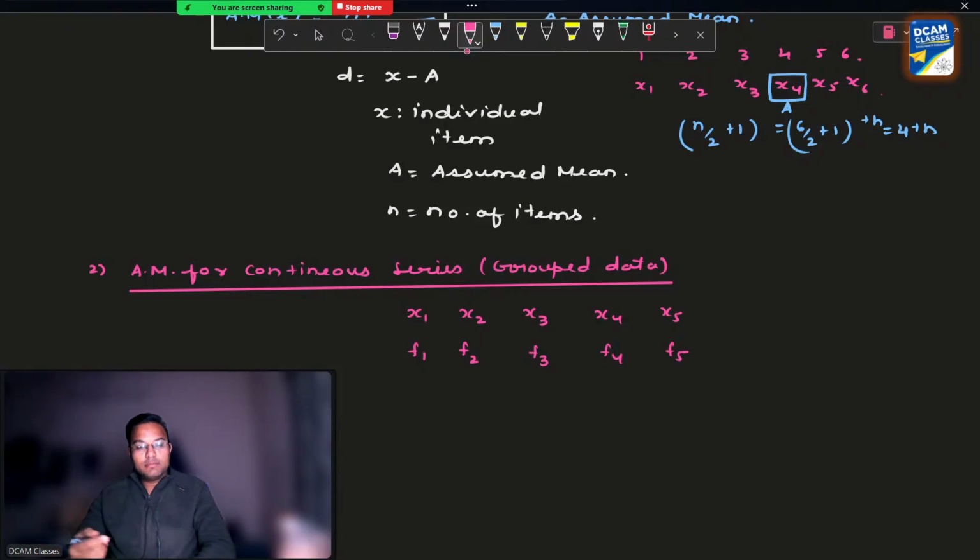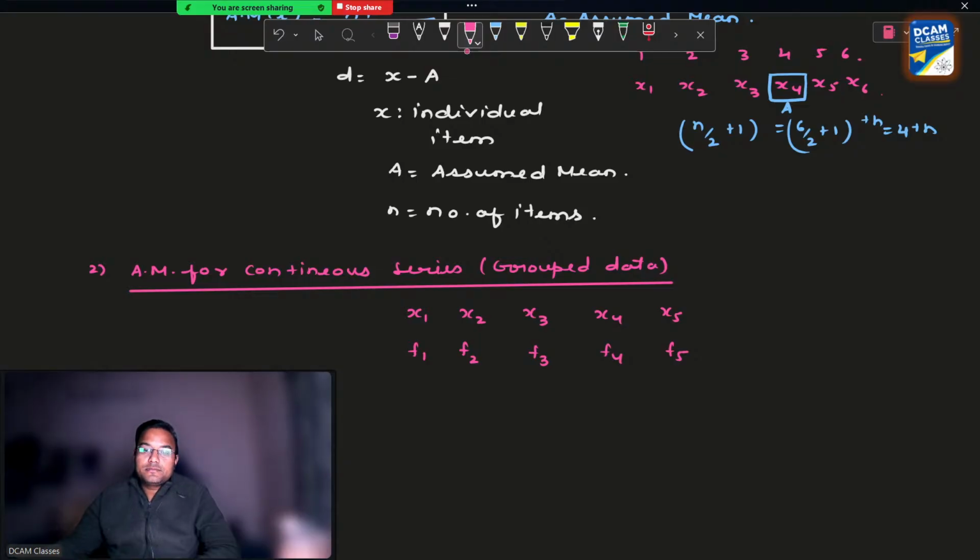Suppose the data given to us is of classes, like section A, section B, fifth class, sixth class, seventh class, eighth class, and ninth class. The data represents the number of students present inside the class.